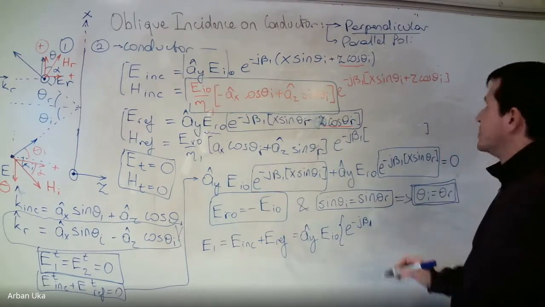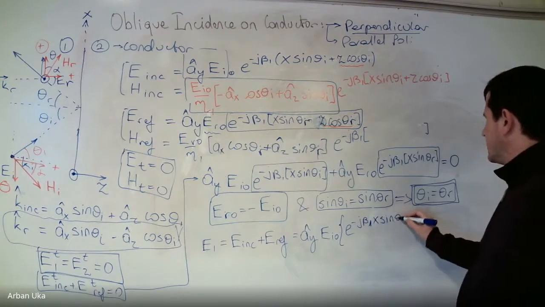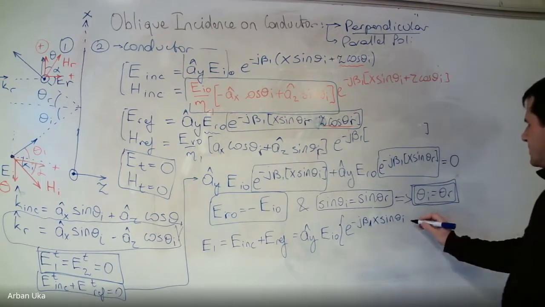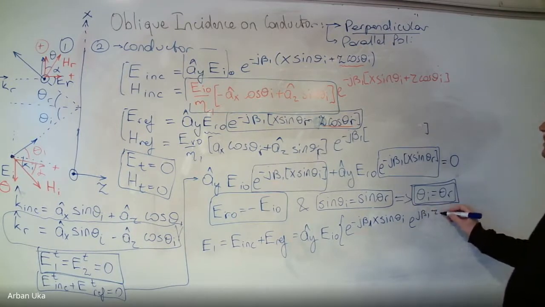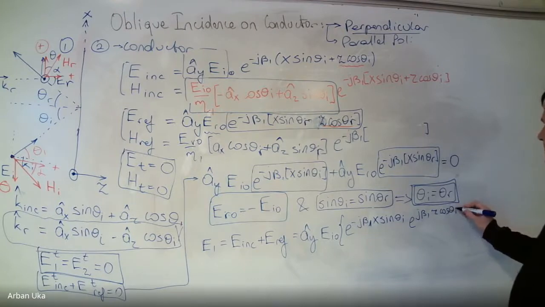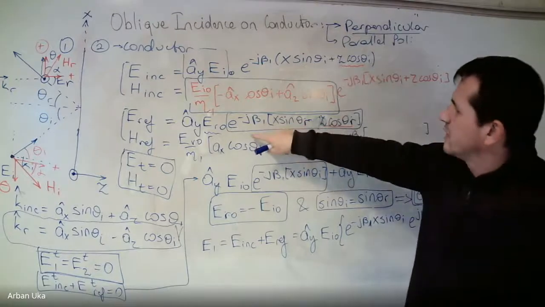So e to the power j beta 1 x sine theta I times e to the power plus j beta 1 z cosine theta I, okay? So we just wrote this part, then we have to add also this part.